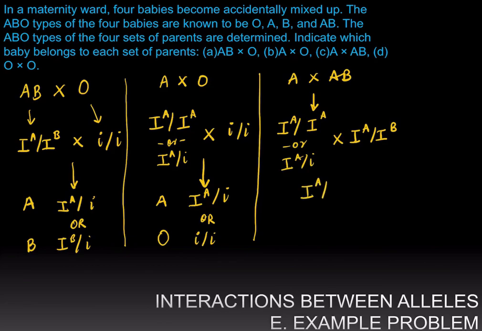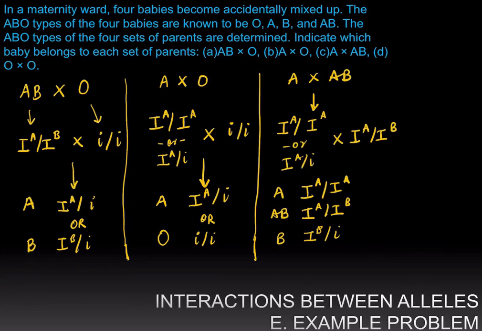You could get IA over IA with an A blood group. You could get IA over IB with an AB blood group, and you could get an IB over little i individual, and these 3 are all the genotypes that could result from this cross.